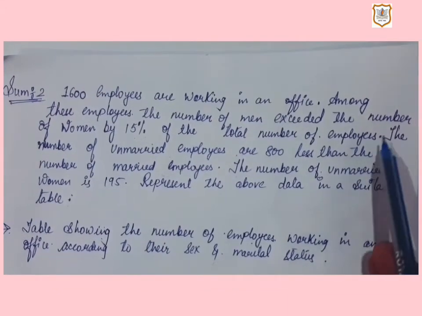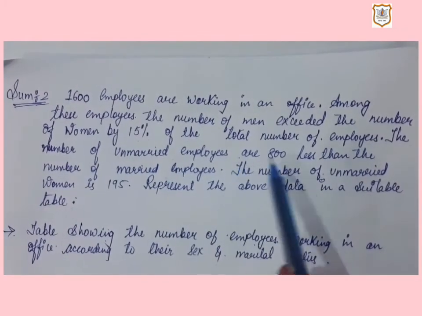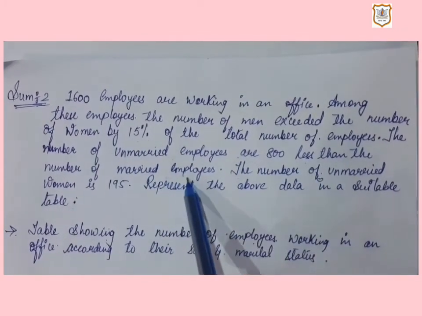Now after that, the number of unmarried employees is 800 less than the number of married employees.